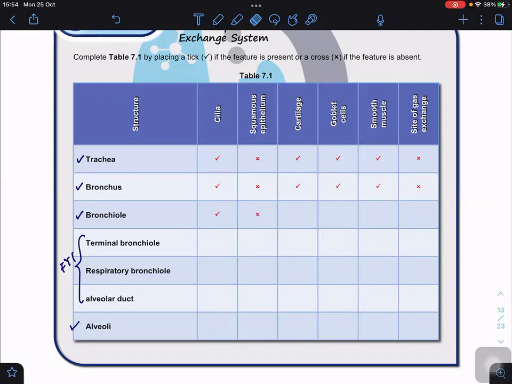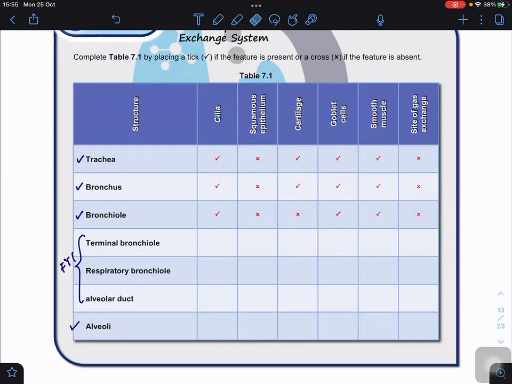Squamous epithelium, they don't have, because bronchiole again has no gas exchange. Cartilage they don't have. Goblet cell, yes, they do have goblet cells, but the number of goblet cells gradually decreases. Smooth muscle, yes, they do have smooth muscle and the elastic fiber. Site of gas exchange, answer is no.